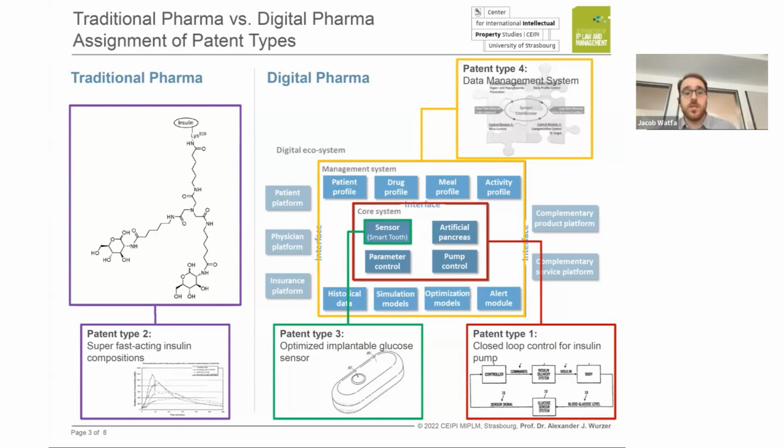However, when you move this to digital pharma, we have much more complicated systems. With that, you have many different parts, all of which interact and all of which can be separately protected. So we start from the core system. We've got an example of a patent here, which is towards just a sensor.